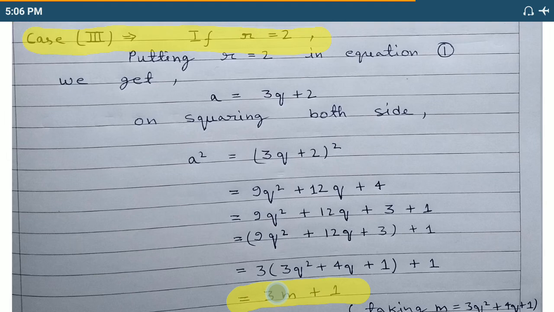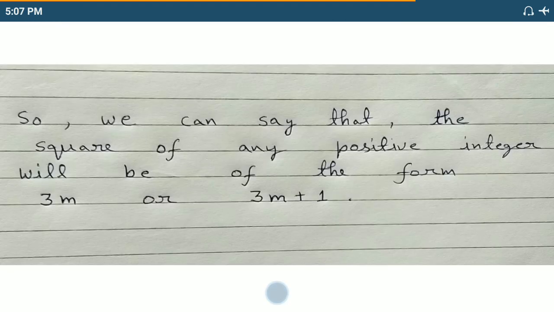So one time 3m and two times 3m plus 1. So this way we can say that the square of any positive integer will be of the form 3m or 3m plus 1.